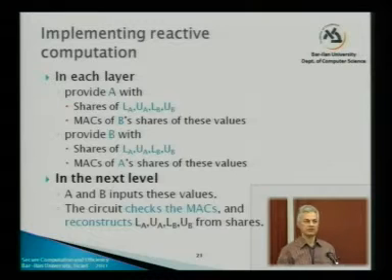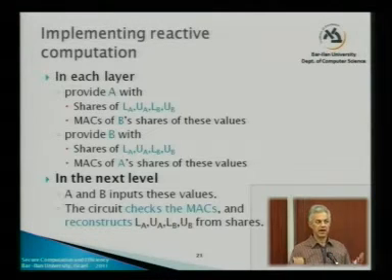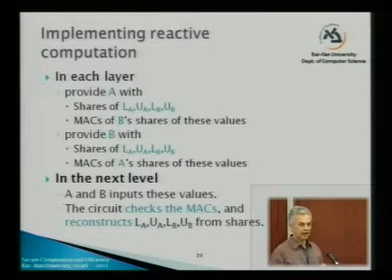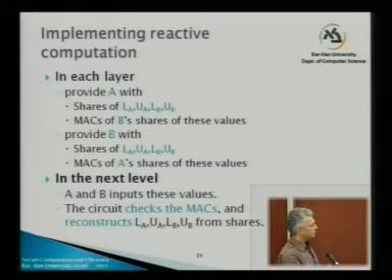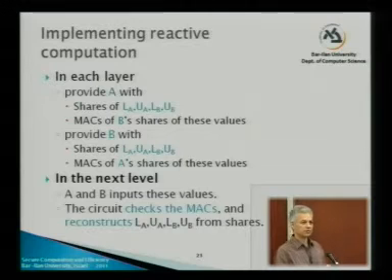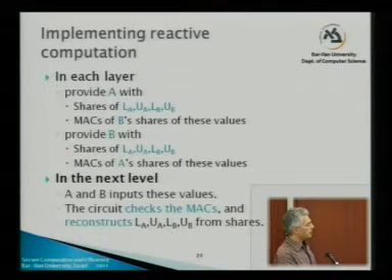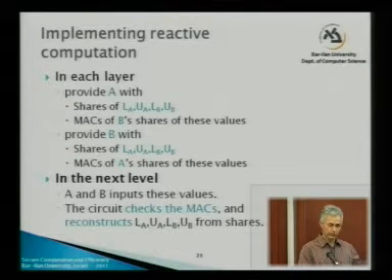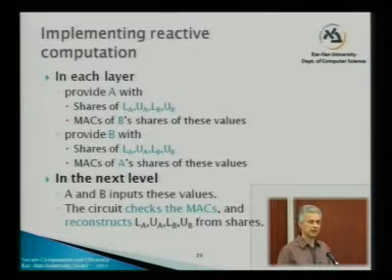The circuit computes the bounds again by adding the two shares. Okay? But another thing that the circuit does is it checks that A provides shares which comply with the MACs of the shares that were given to B, and vice versa. So this prevents the parties from changing the shares that they got.